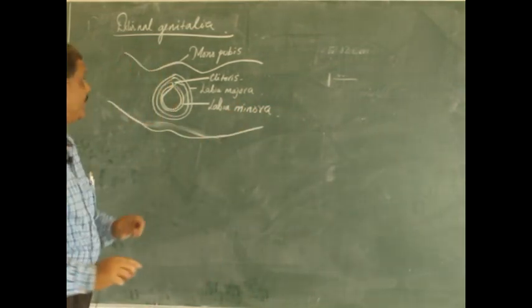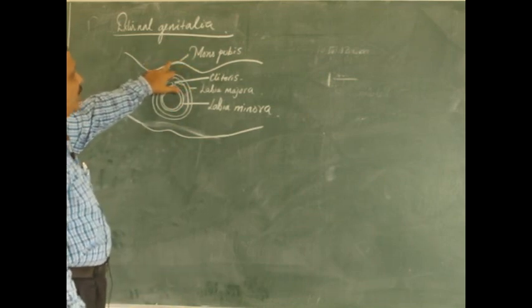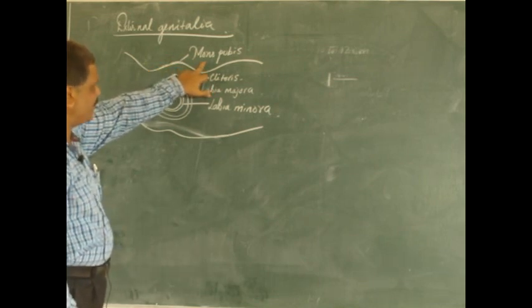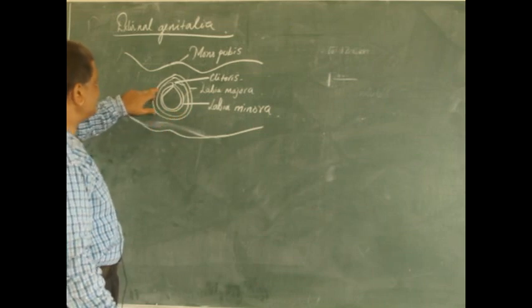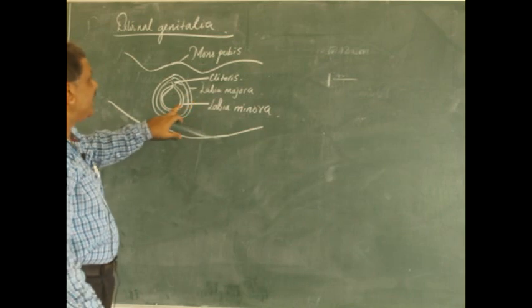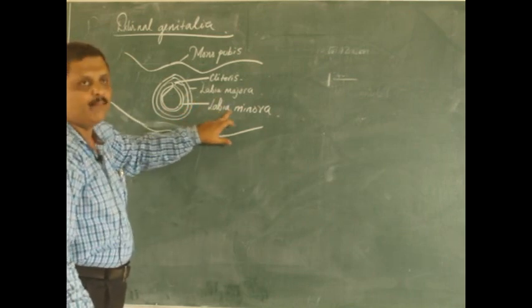So the parts you should remember: the upper soft part with pubic hairs is called mons pubis, the fold of muscle tissue is called labia majora, and the inner layer of muscular tissue is called labia minora.